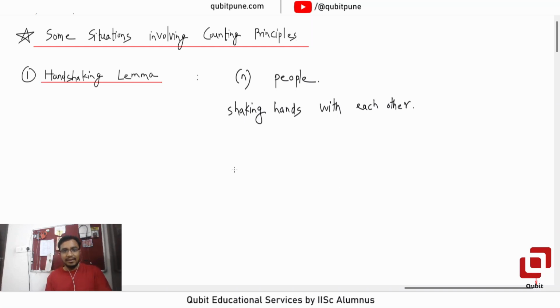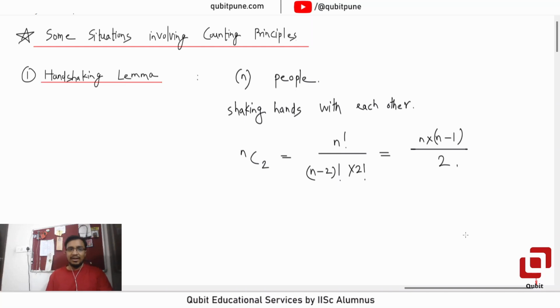So this is NC2, that is n factorial upon n minus 2 factorial into 2 factorial, or it is n into n minus 1 upon 2. That is the handshaking lemma. Please note that this is not n into n plus 1 upon 2.